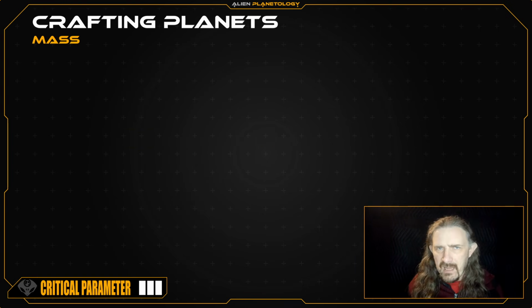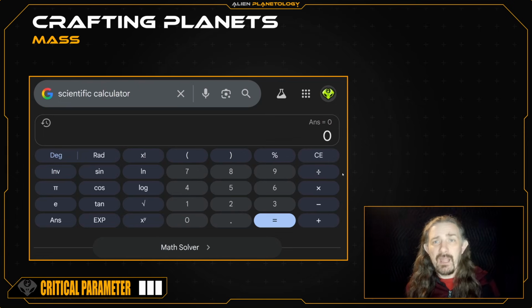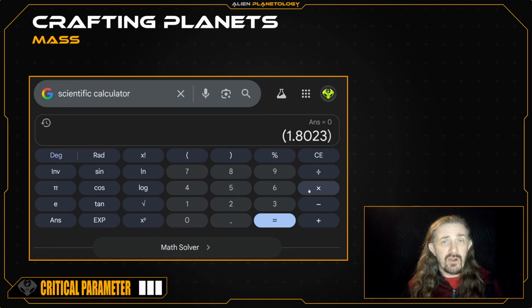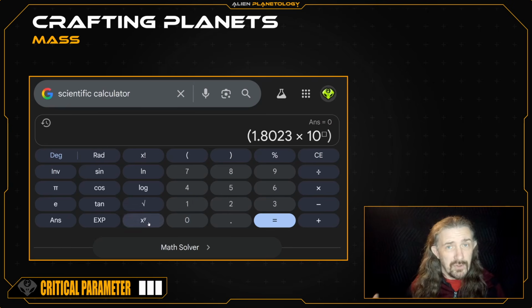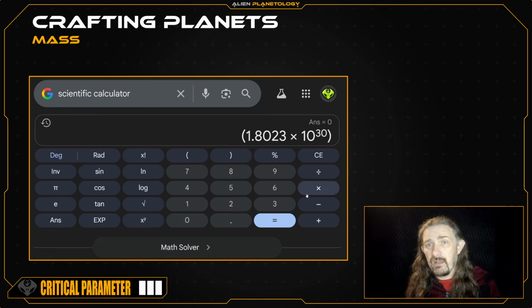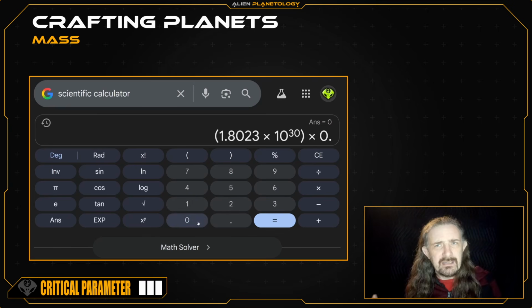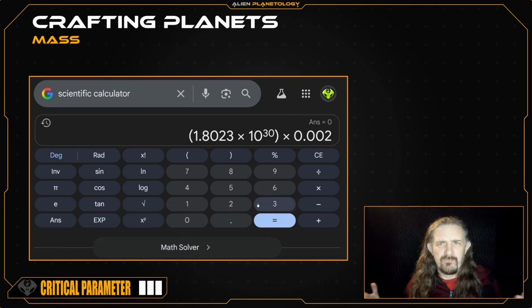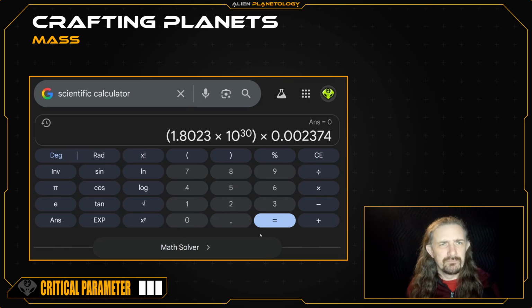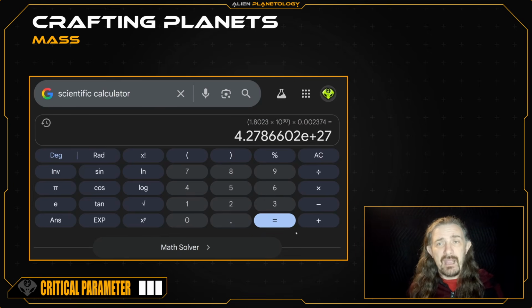So before I set the mass of my Jovian planet, I'm going to estimate the total mass of my planetary system by multiplying my star's mass of 1.8023 times 10 to the 30 kilograms by 0.002374, which is just some arbitrary number below 0.005. That gives me a total mass of 4.2787 times 10 to the 27 kilograms.